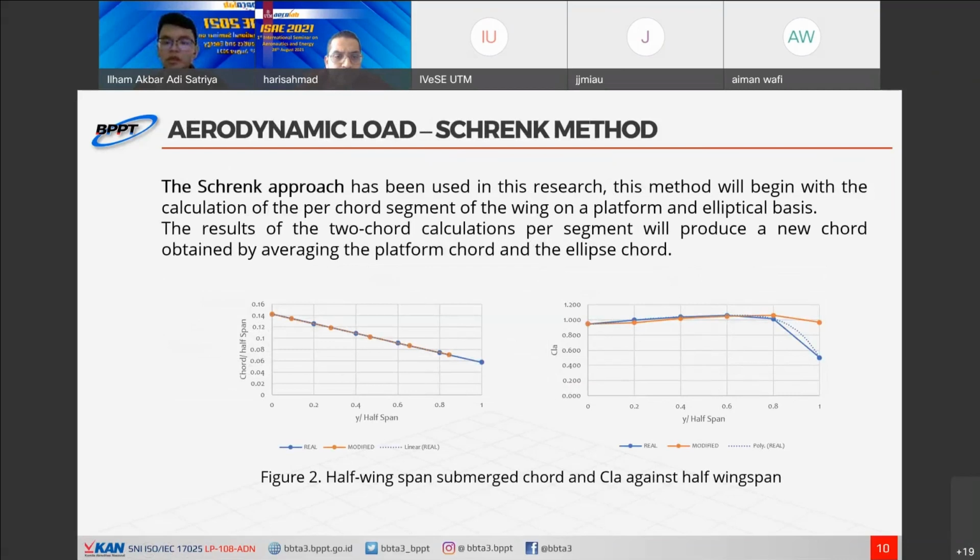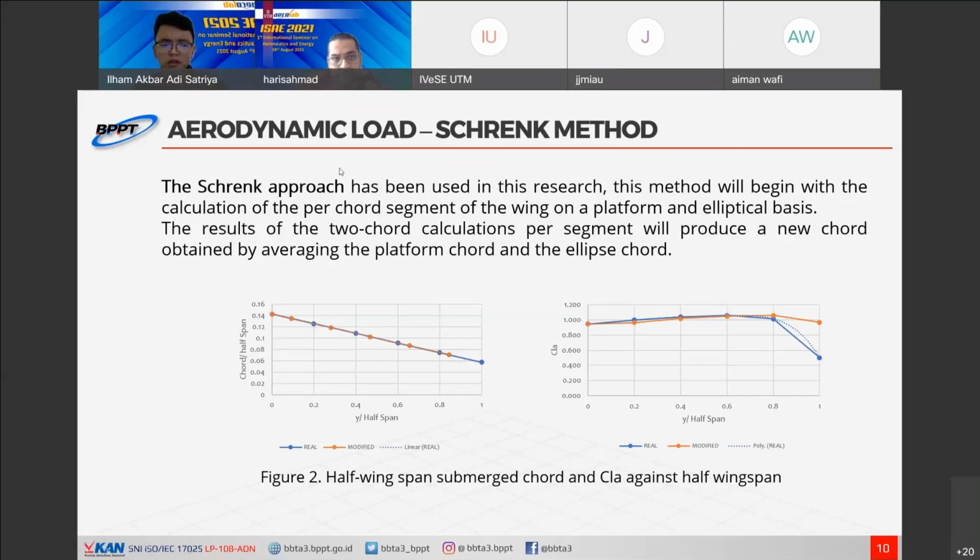And then we already talked about the material. We will talk about the load. We generate the aerodynamic load that acts on the wing structure using the strip approach. The strip approach has been used in many research works. It's a method to approximate the load on the wing structure.